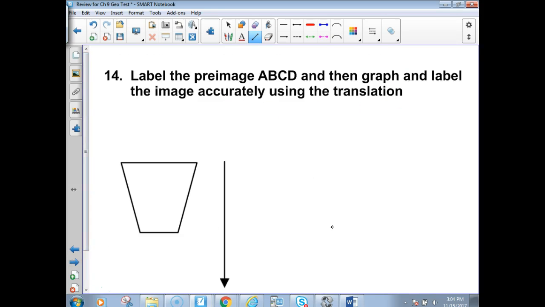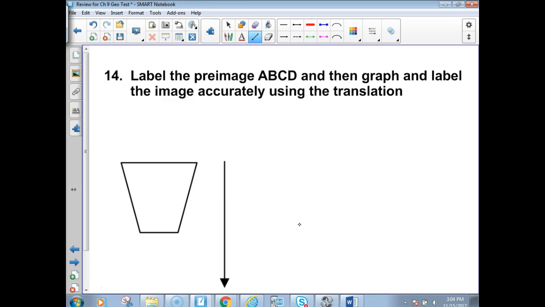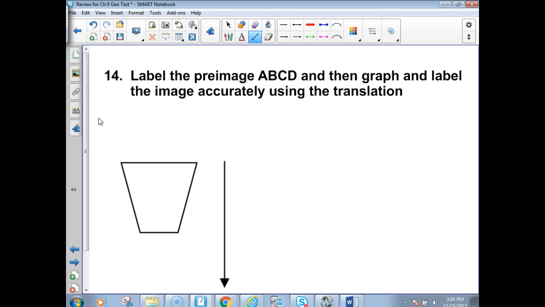Number 14, I'm going to switch over to my document camera to show you how to do that. All right, so this thing is low on memory. Let's hope I don't lose anything. You need to have rulers to do this.